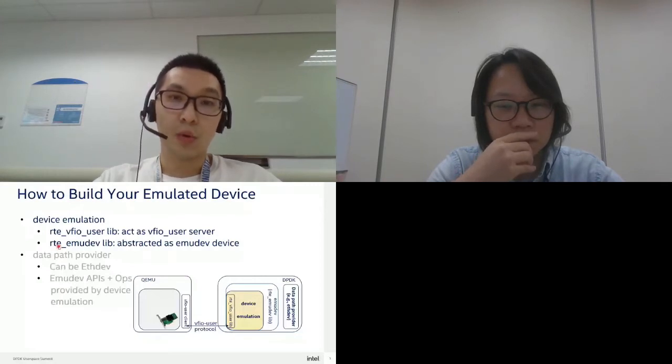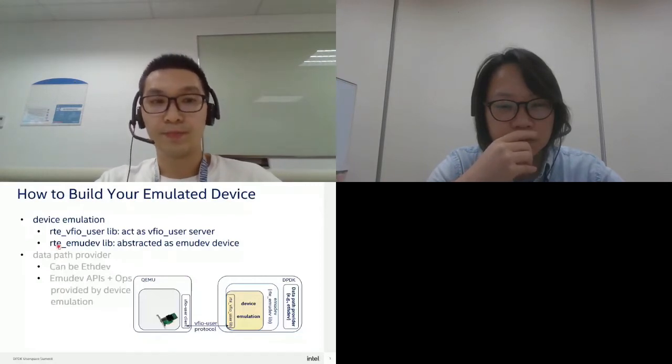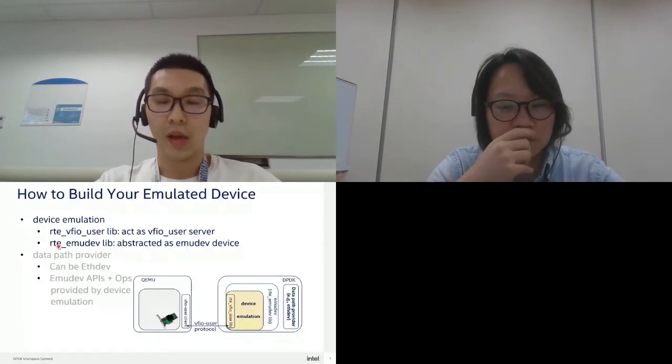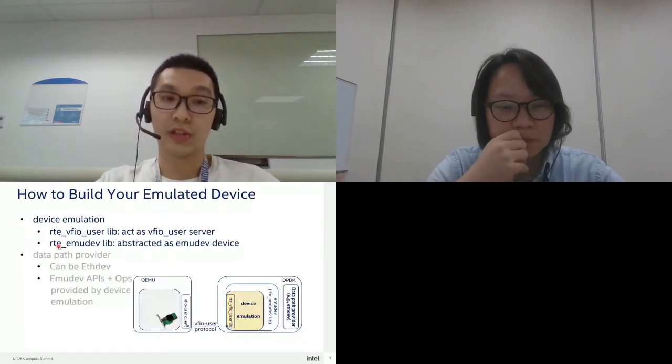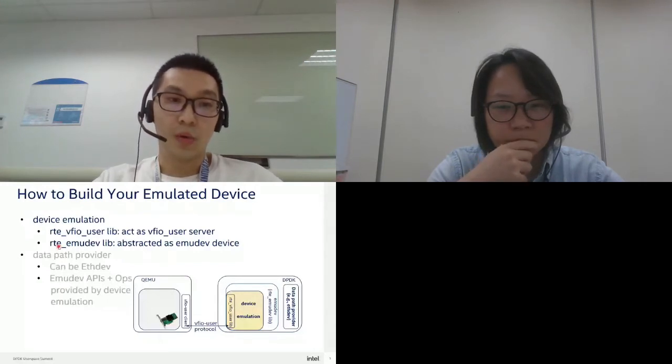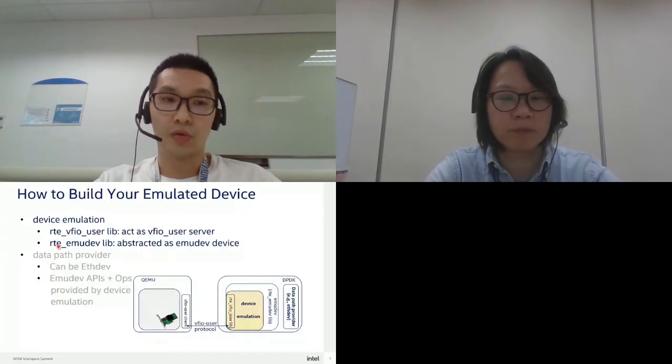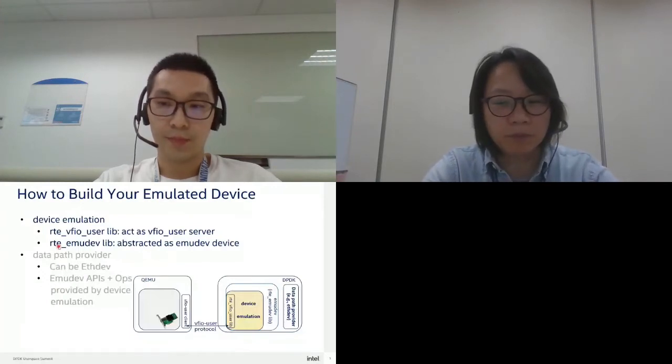The second component here is the data path provider. It could be any type of device driver, and here we will use EtherDev as an example. It will be similar to any EtherDev PMD in DPDK, and the only difference is that it will use emudev APIs here.